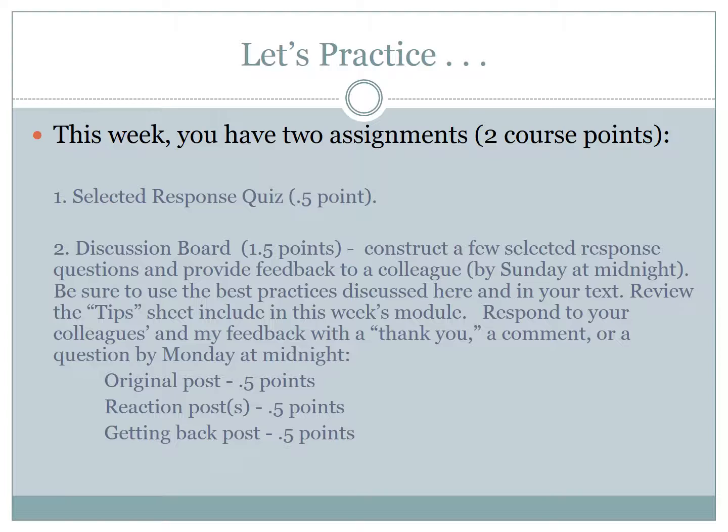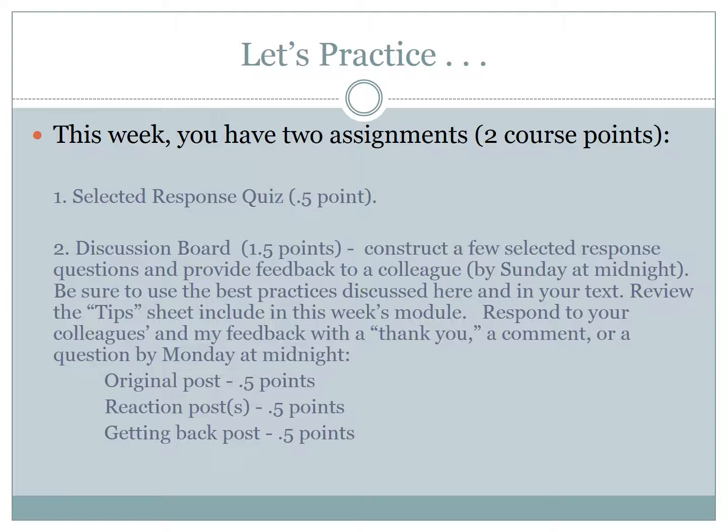The first assignment is a selected response quiz that consists of 5 items, and you have to identify which selected response item is written better. You may use your textbook or your tip sheet or this lecture to help you identify those items. You should be provided feedback after each item or at the end of the quiz.